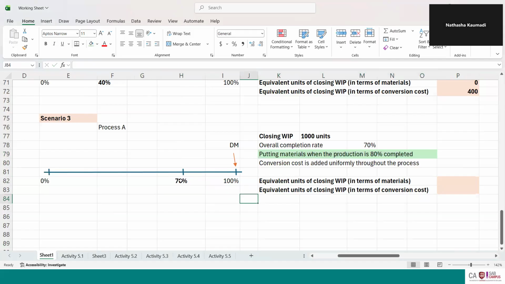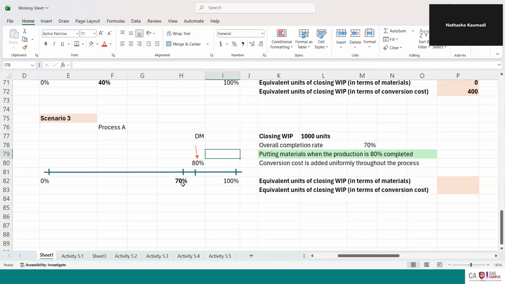Okay, we are at 70%. We get the materials somewhere here. Let's say this is 80%. Here we get materials.